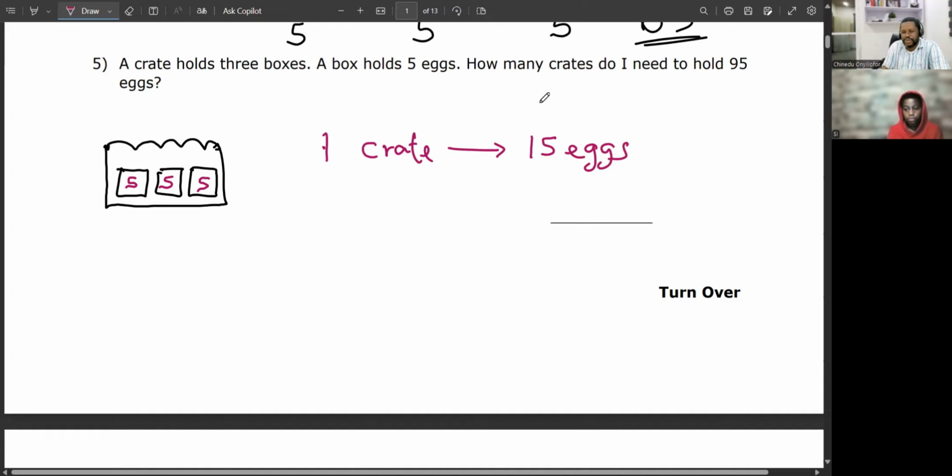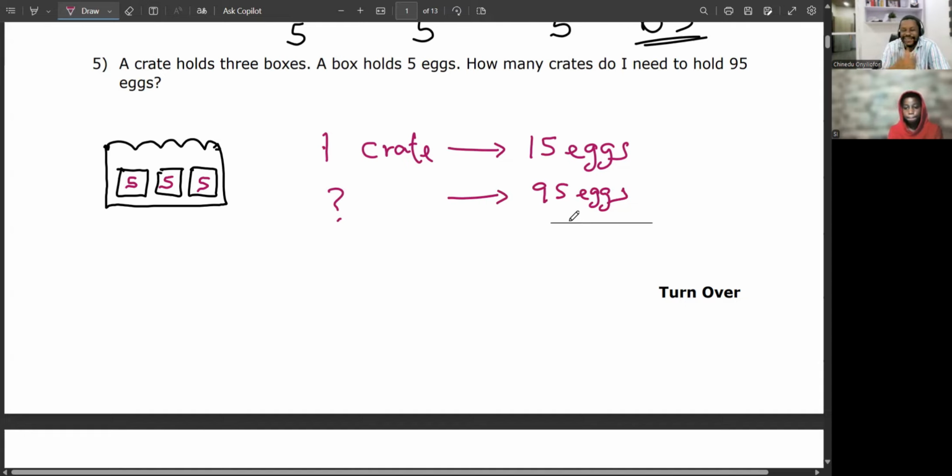Yes. So the question is asking how many crates do I need to hold 95 eggs? You have to do 95 times 15.